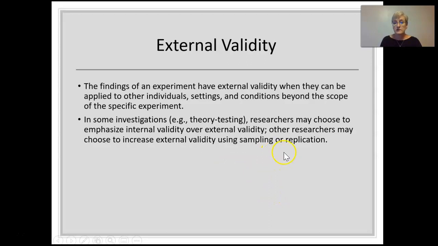Your authors talk about how, in some investigations you're going to emphasize internal over external, and you're increasing your ability to make causal conclusions, but what you're giving up is the ability to apply the finding to the real world. Other researchers may emphasize the external. Now, when your authors talk about the necessity for a multi-method approach, this is what they're really getting at: some research needs to emphasize internal validity and ramp up the ability to make causal conclusions.